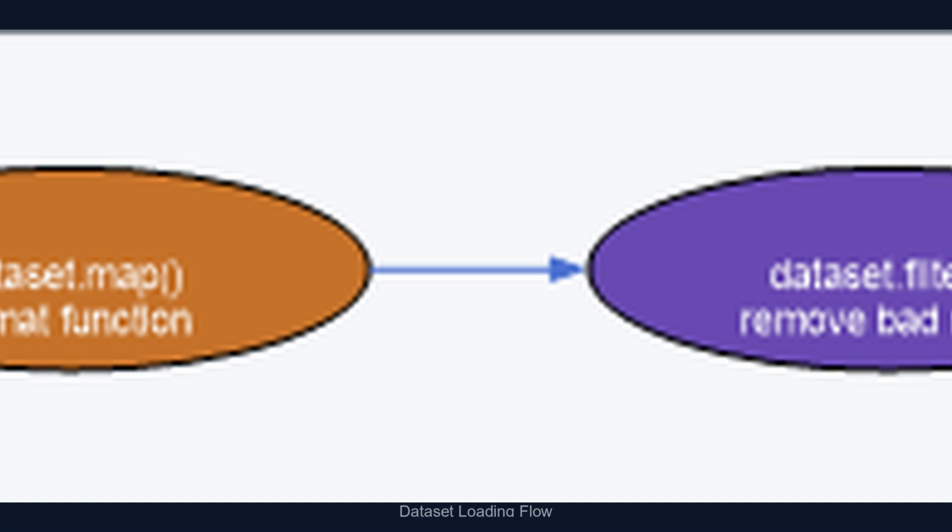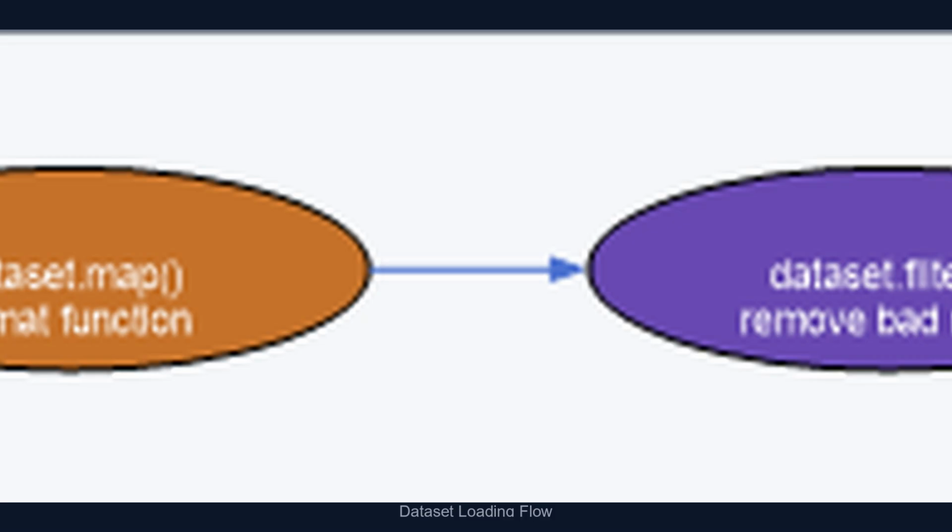Then map for preprocessing transformations, filter for removing bad rows, and apply_chat_template for tokenization. After those transformations, train_test_split. The final step is save_to_disk or push_to_hub. This sequence is not arbitrary.